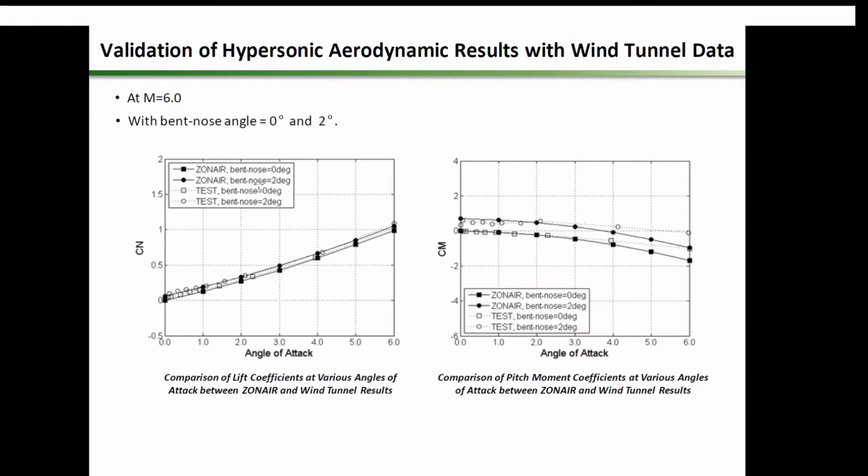And the solid symbols are the ZONAIR solution. So you can see the ZONAIR solution at different angles of attack from 0 to 6 for the lift correlates well with the wind tunnel data. And for the CM, you can see at least at the low angle of attack, it matches well with the wind tunnel test.